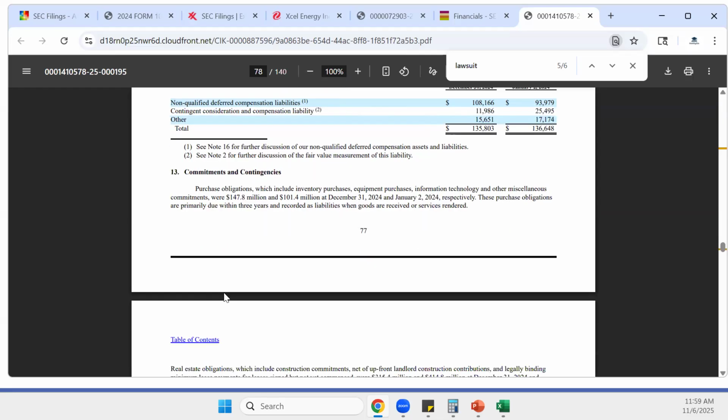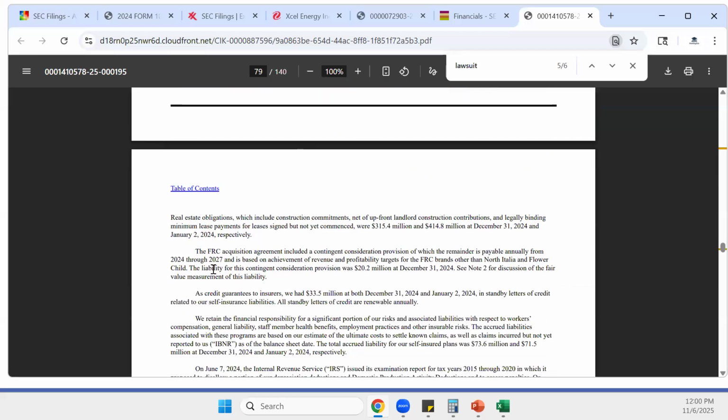There are commitments and contingencies, so purchase obligations, including inventory purchases, and commitments are 147 million. And they're primarily due within 3 years. They're recorded as liabilities. There's also a contingent agreement based on an acquisition of FRC brands, including North Italia and Flower Child. I don't even know what those are, but do any of you know what those are? That's a common thing, though.